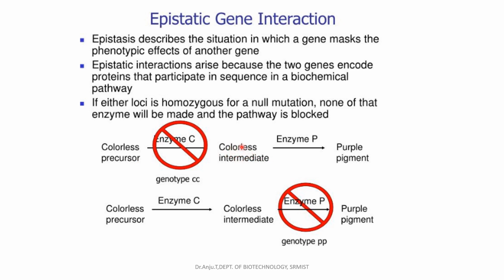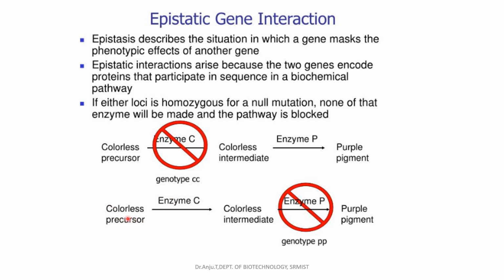Further, this intermediate product is converted into the purple pigment by enzyme P. So if either of the loci has a null mutation, that enzyme will not be made. For example, if C has a mutation, then enzyme C will not be produced.